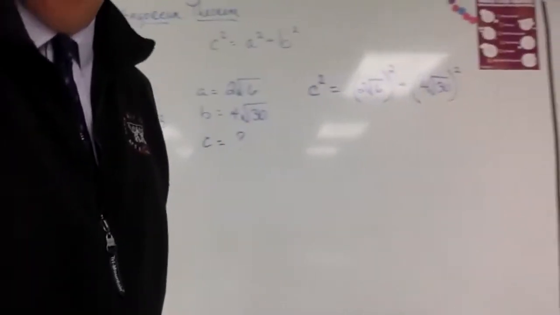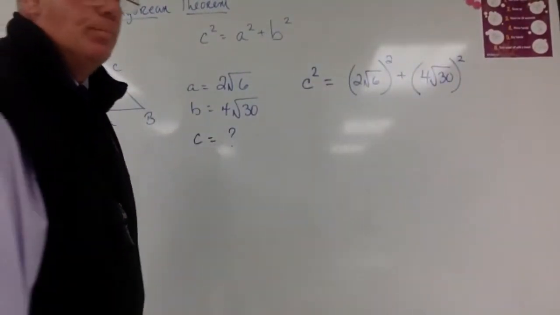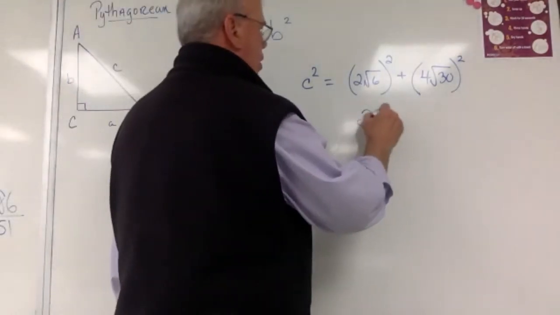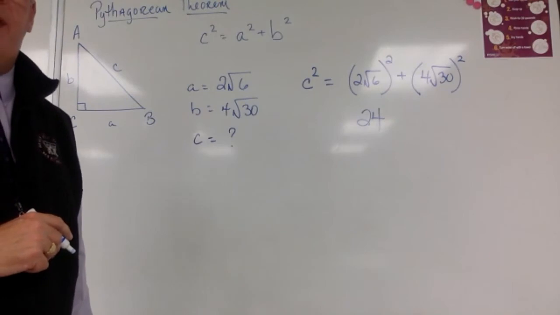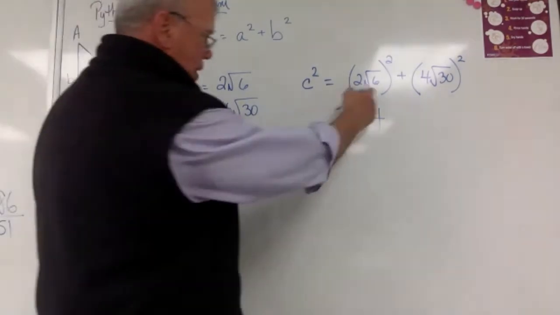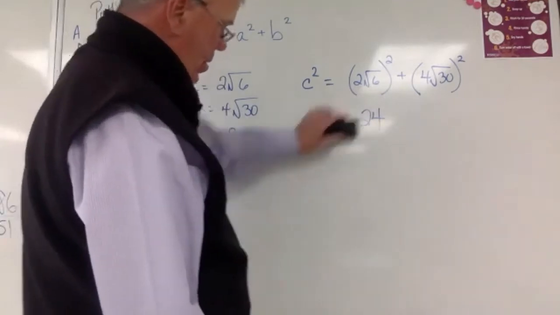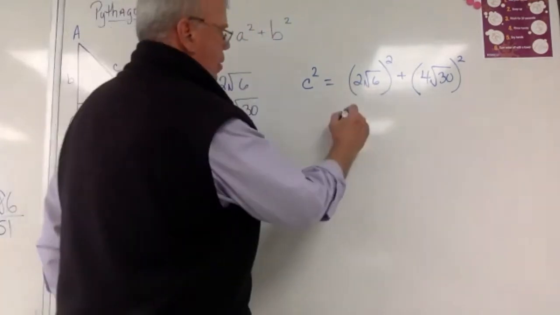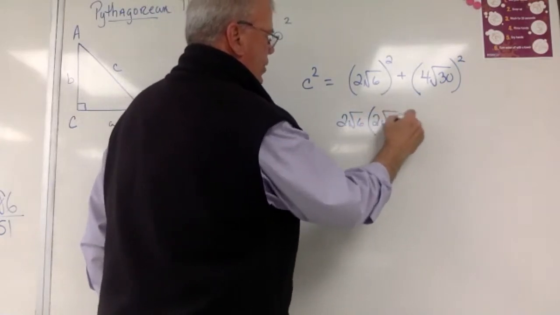Yes, sir. So what's 2 radical 6 squared equal? 24. How does 2 radical 6 squared equal 24? What's 2 radical 6 times 2 radical 6?